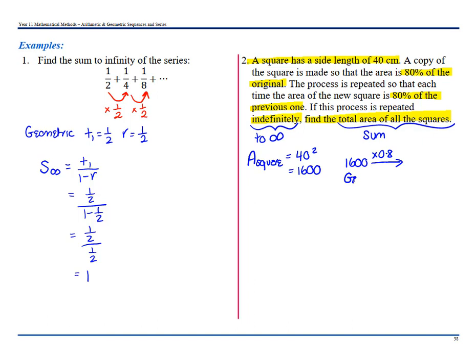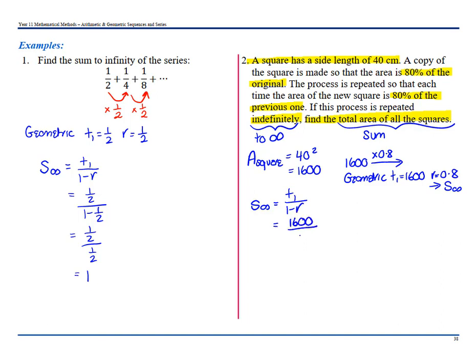So it's geometric. Our first term is 1600 and our r is 0.8. So our r is less than 1, so we can use the sum to infinity. Write our formula, plug in our information.